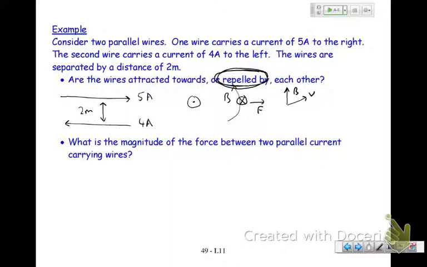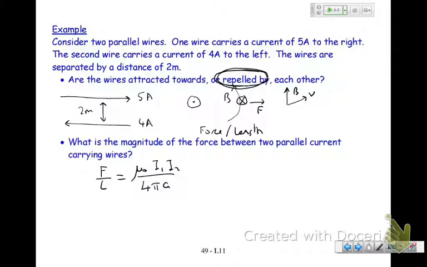And then what is the magnitude of the force per unit length? So the force per unit length is equal to mu naught I1 I2 over 4 pi A. Was that right?